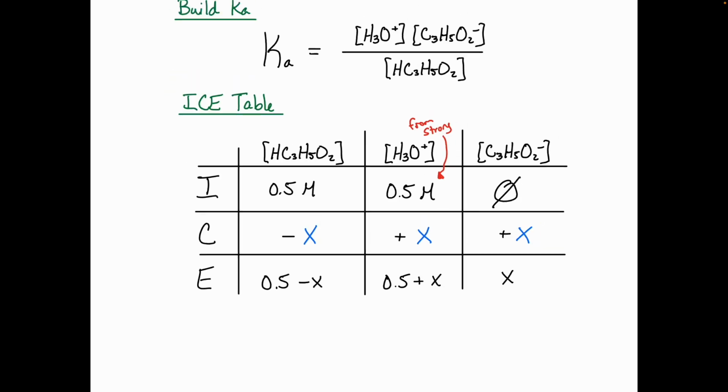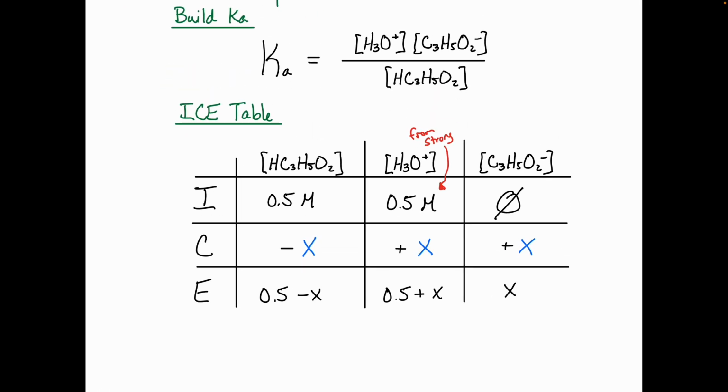All right, so if we want to figure out how much hydronium we have at equilibrium total, we're going to have to take the amount that we got from our strong acid and add however much of this acid dissociation reaction occurs for our weak acid. So we're going to need to take these and plug them back into our equilibrium expression.